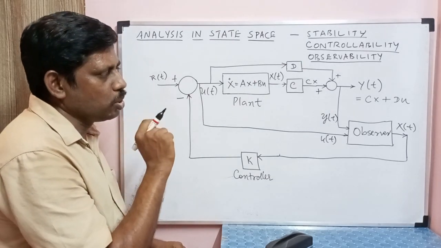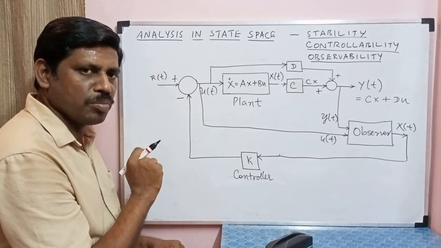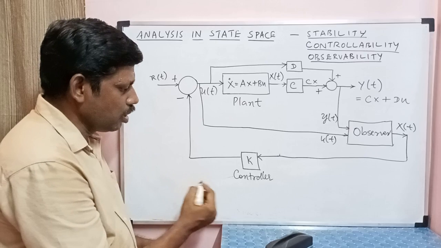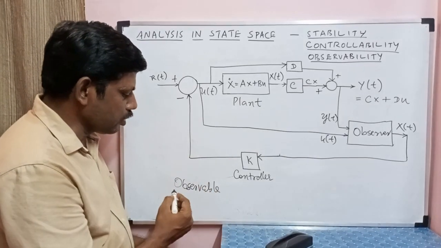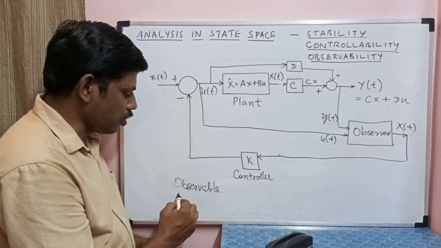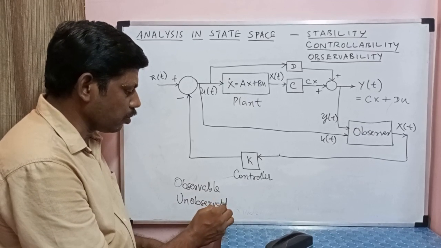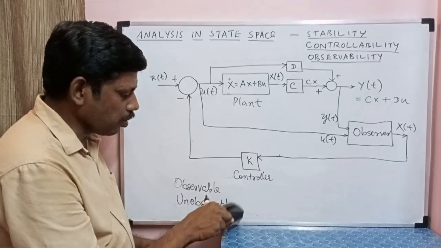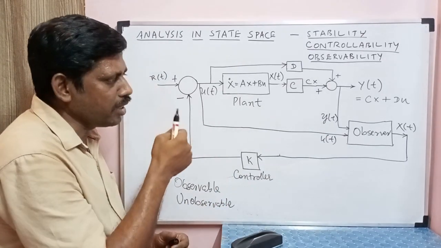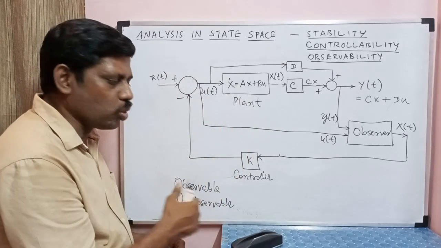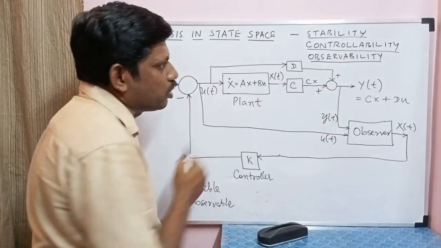The systems for which I can design an observer, I will call observable systems, and the other systems I will call unobservable. This condition, whether I can design an observer for a system or not, is what we call observability.